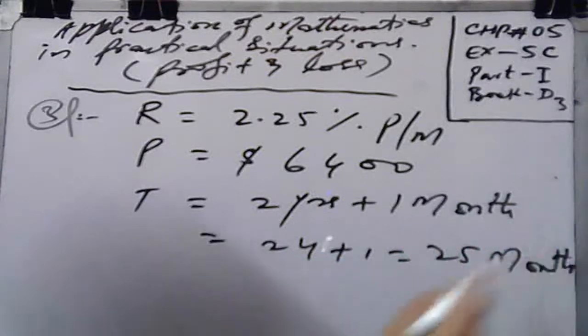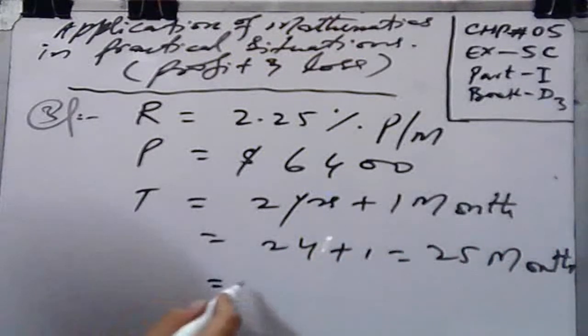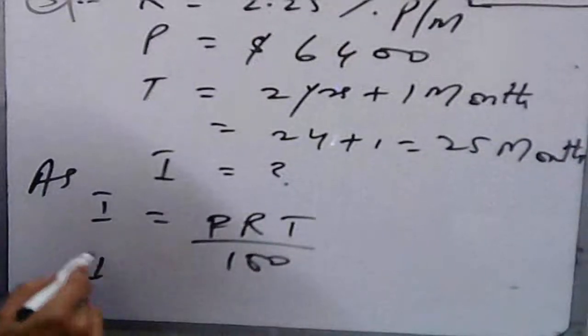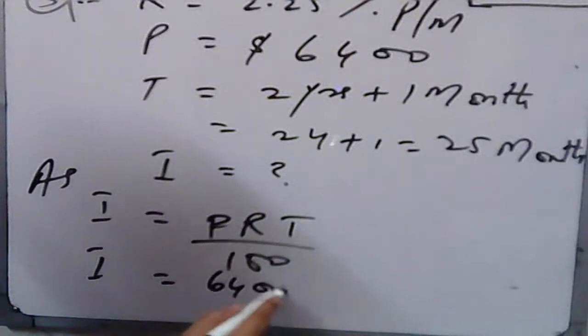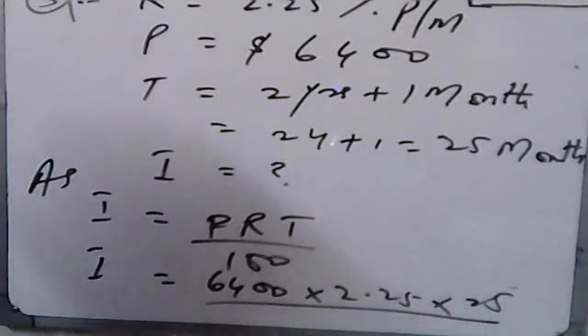Similarly, the simple interest we have to find. First of all, as simple interest is equal to PRT divided by 100, so interest is 6400 multiplied by 2.25 multiplied by 25 months divided by 100.